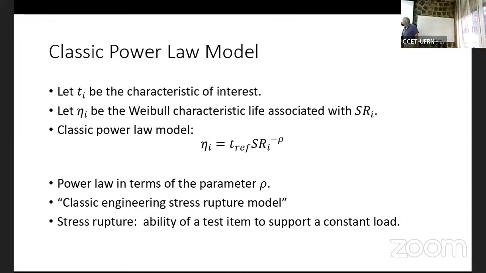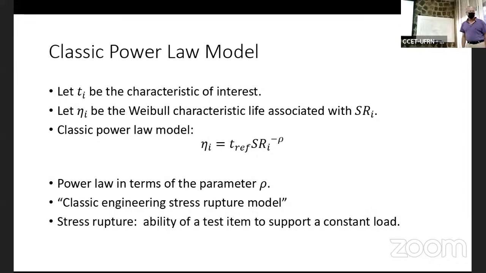Now, I think I showed that in a slightly different form, and that will become important. But if not, I'll put it up here on the board. It's called a power law because it's in terms of this parameter rho, sorry. So I have this parameter rho in this form. That looks very funky. That does not look like simple linear regression, does it?